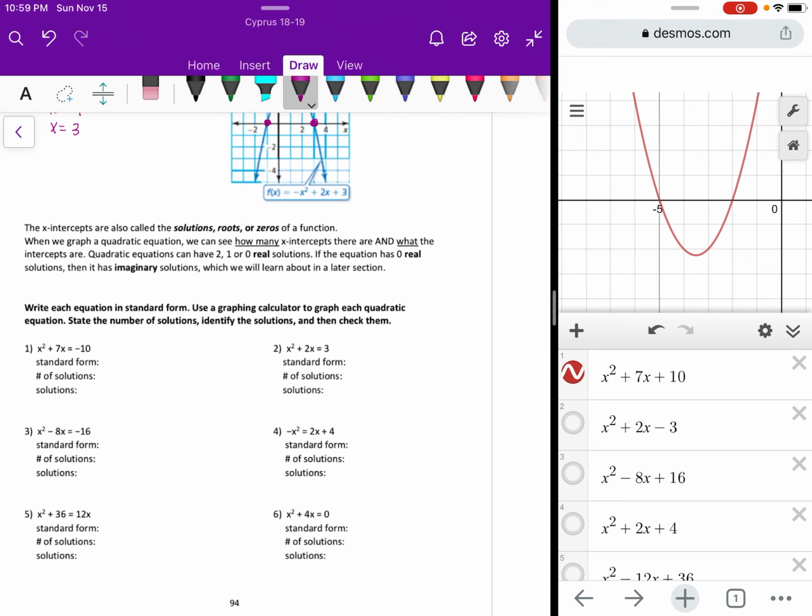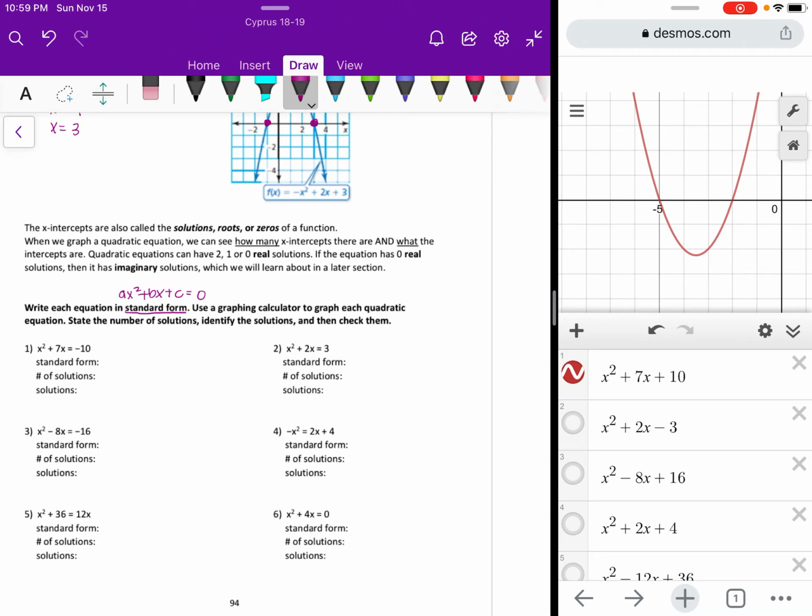For the following examples, we are going to first write the equation in standard form. If you don't remember, standard form is ax squared plus bx plus c equals 0. So we want it to look like that before we find our solutions. Then we're going to use the graphing calculator to graph them and state how many solutions there are and what they are. That's why I have Desmos open on the side.